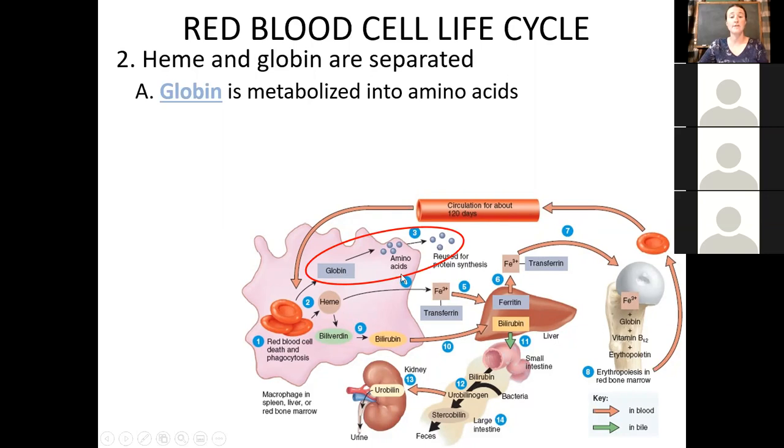Proteins consist of chains of amino acids, so we can break the amino acids apart and recycle them for more hemoglobin, or for other types of proteins in the body. Essentially those amino acids are dumped back into the blood, and they can be used by the body in any way it needs.